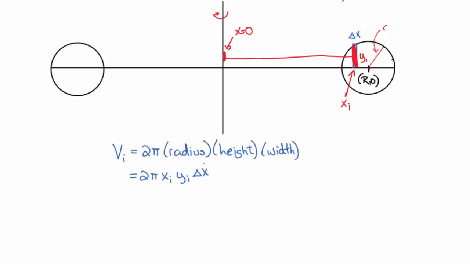The only problem is we cannot integrate something that has x's and y's. So because it's a delta x, I want to rewrite that y in terms of x. Luckily, the y value for this circle is related via the equation of the circle.